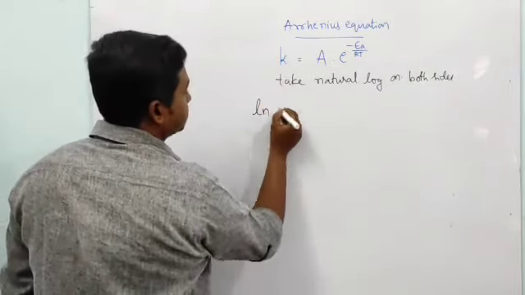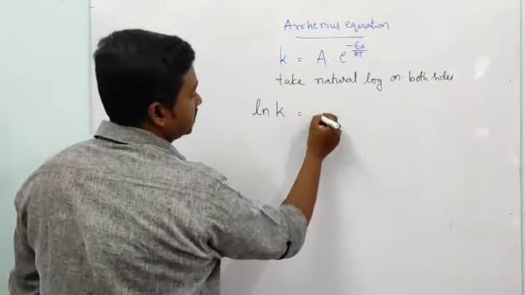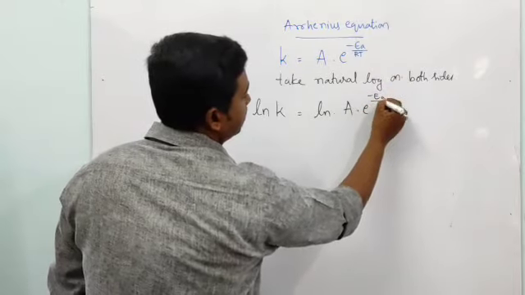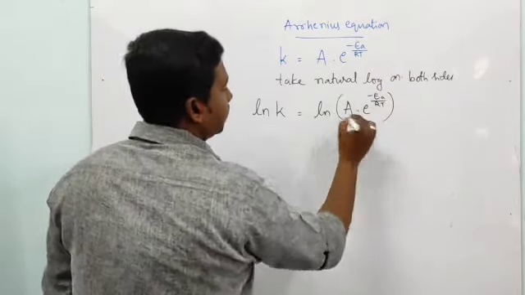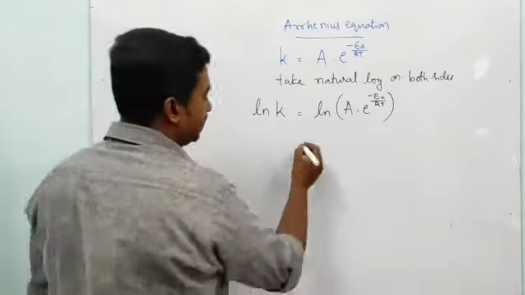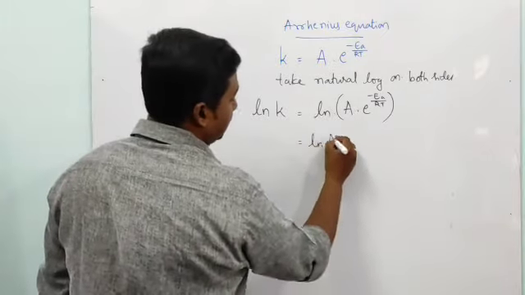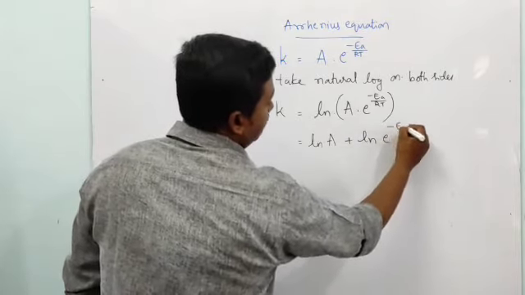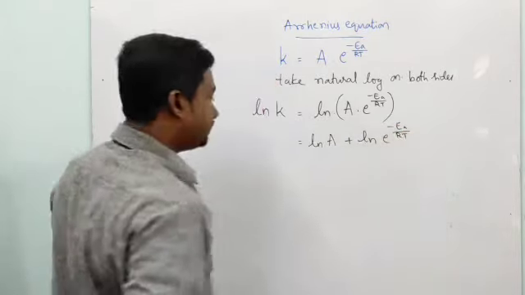So it becomes ln k equals ln of A into e power minus Ea by RT. Now simplify the RHS further. This becomes ln A plus ln of e power minus Ea by RT.